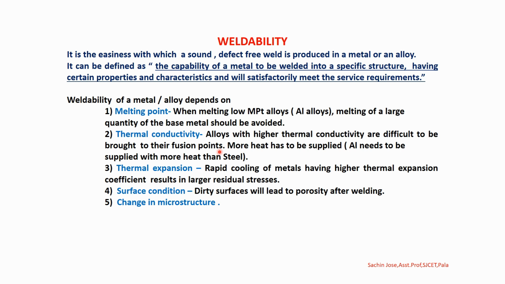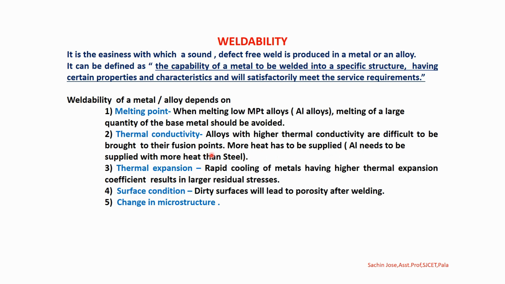So they cannot retain the heat in them, which affects the fusion point. It is tough to reach the fusion point. More heat has to be supplied, which affects the efficiency of the process. An example is aluminum. Aluminum needs to be supplied with more heat than steel.